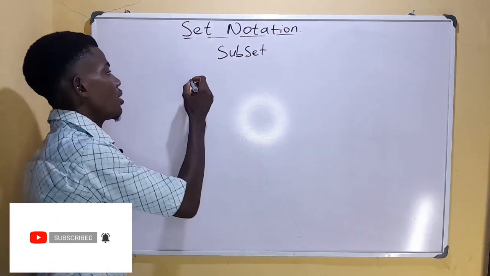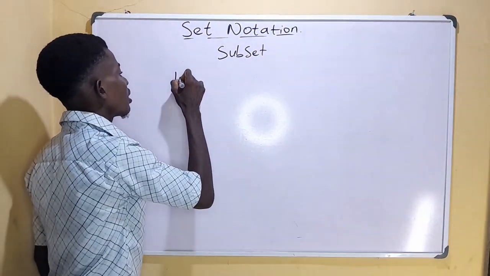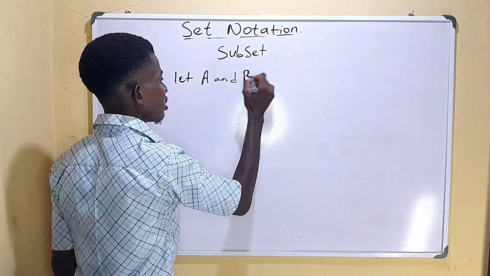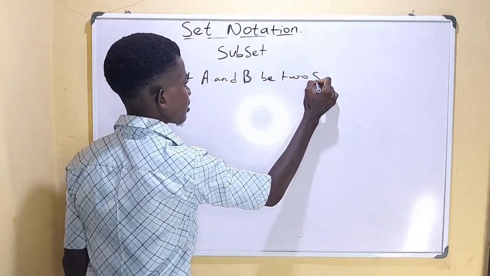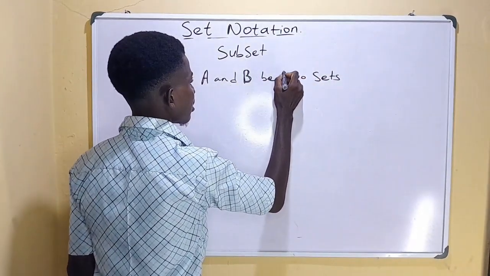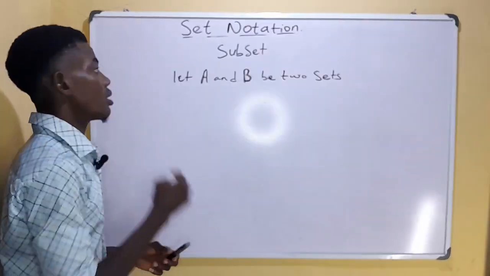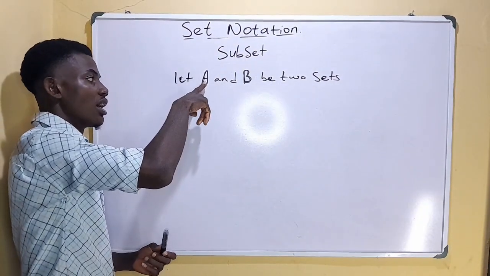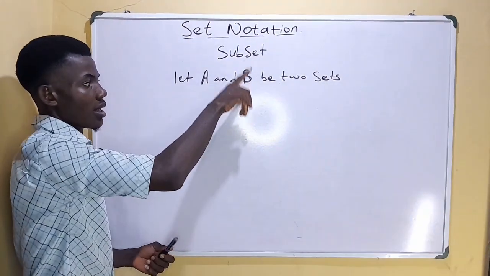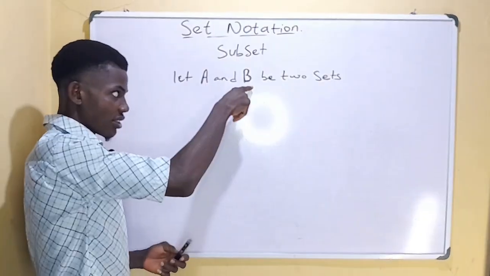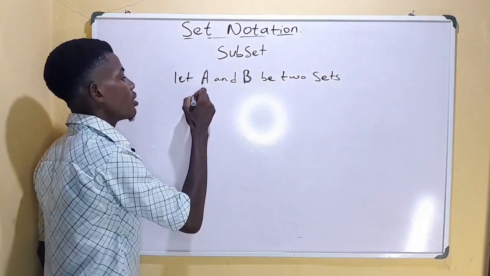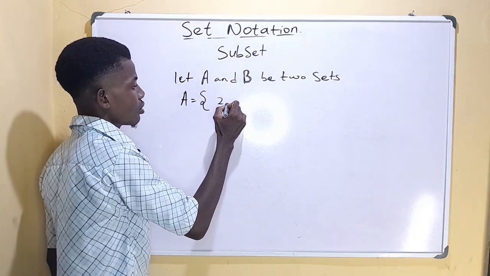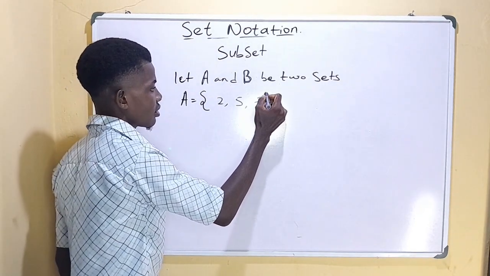Subset. Let A and B be two sets. If all the elements in A are inside B, then A is a subset of B. For example, let's take A to be the set of 2, 5, 7.